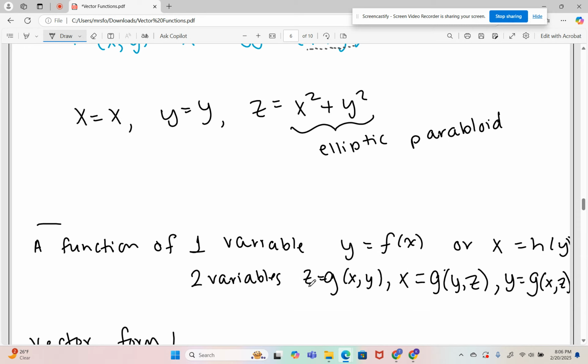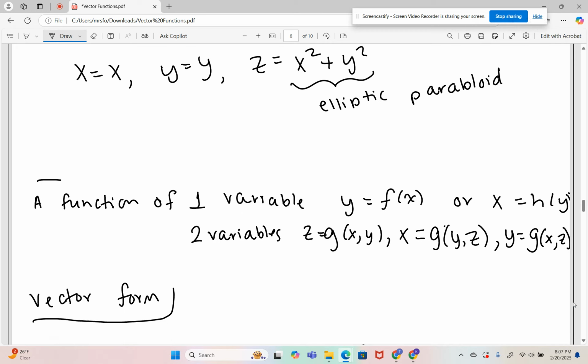So here, z is a function of x and y. Now what about the x? x would be a function of y and z. So that means y would be a function of x and z.